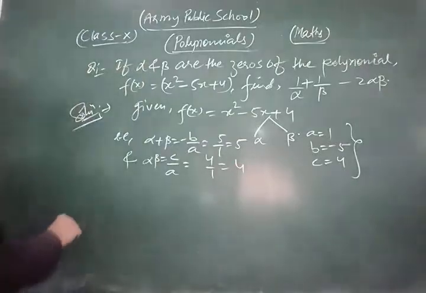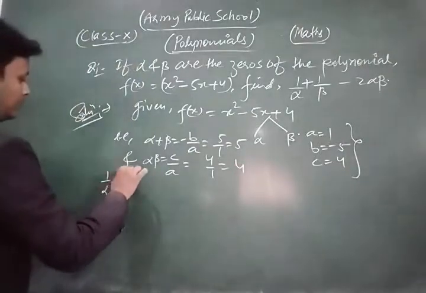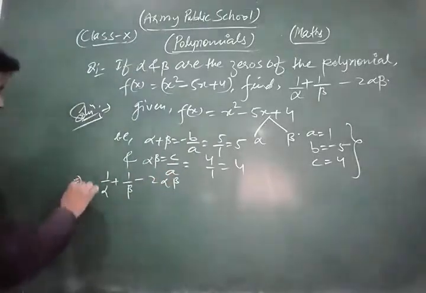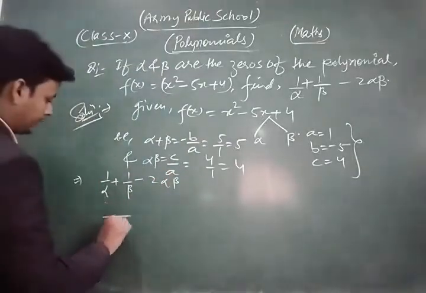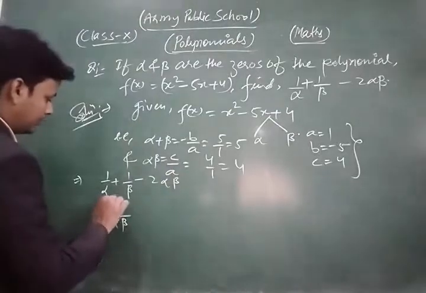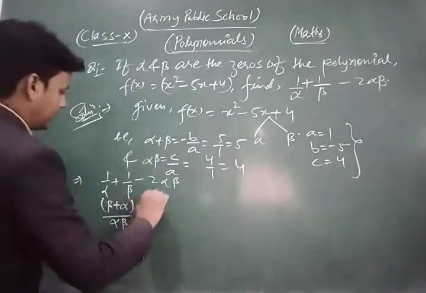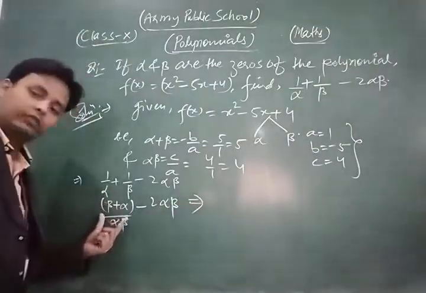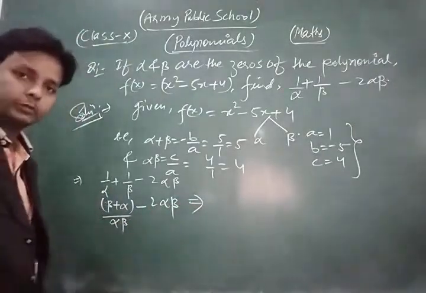Now we find 1 upon alpha plus 1 upon beta minus 2 alpha beta. Now from these two we take alpha beta as LCM, so we have beta plus alpha upon alpha beta and minus 2 alpha beta.